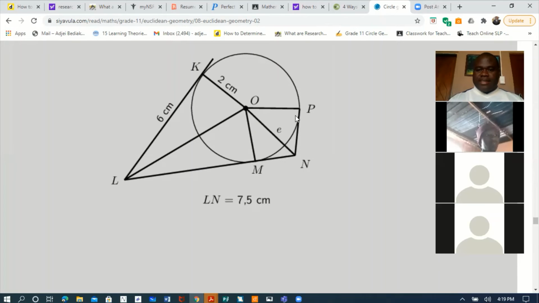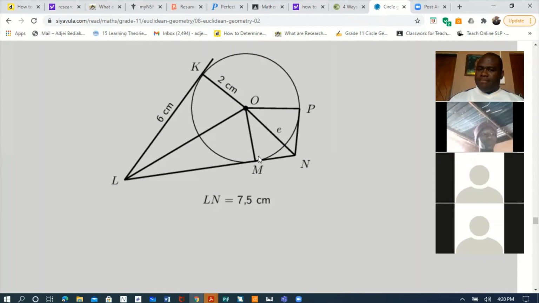There will be a right angle. The reason is what? Why is it that it will be a right angle? Radius is perpendicular to tangent. I believe you all see the radius.